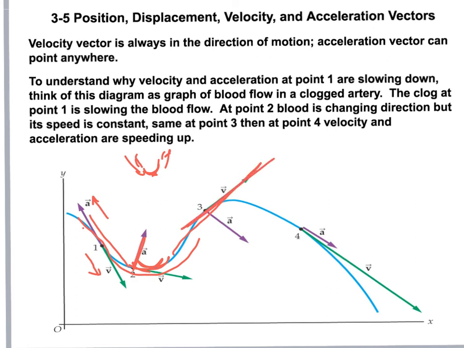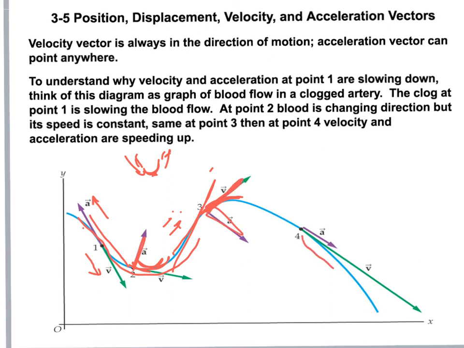So if we had another vector that was just right along this tangent right there, we would say speeding up, and we would have V and A in the same direction. But right here, we're rounding the curve again, so they're perpendicular. So perpendiculars change in direction.